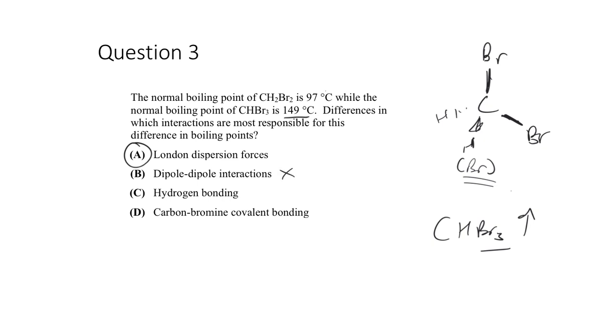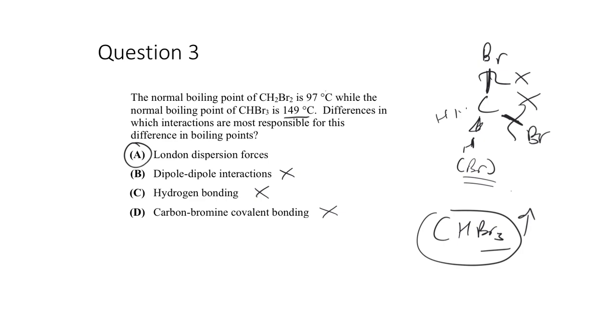The dipole-dipole force, I don't expect that to be very different by adding a third bromine. Both compounds are polar. I don't think one is so much more polar than the other. None of these compounds form hydrogen bonds. The covalent bonding has nothing to do with the boiling points because we're not breaking any of the bonds in a molecule. So these bonds here don't break when we boil a substance.